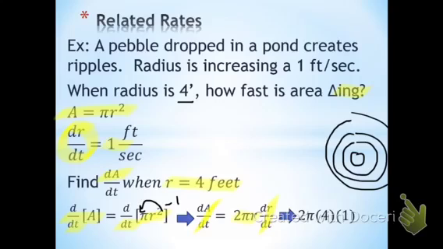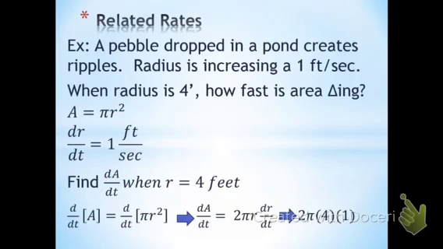And if we simplify that out and plug in what we know, we can find an actual answer. What do we know? We know that dr, so I'm going to erase everything here. We know that the derivative of r with respect to time, right here, is 1 foot per second.